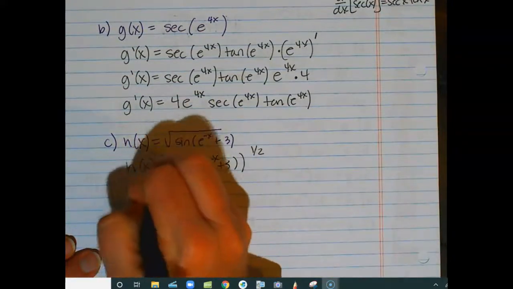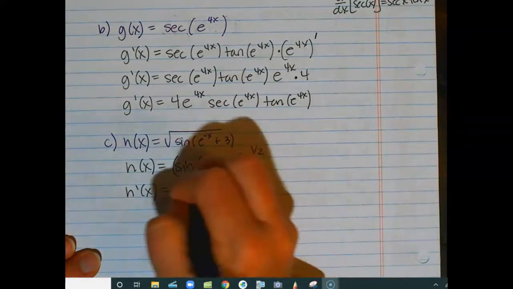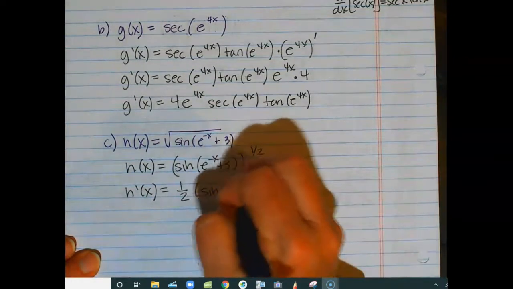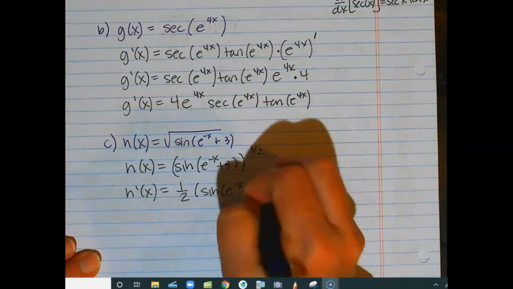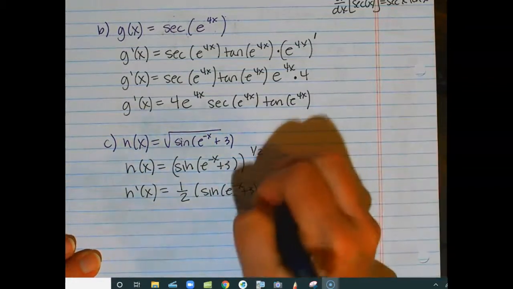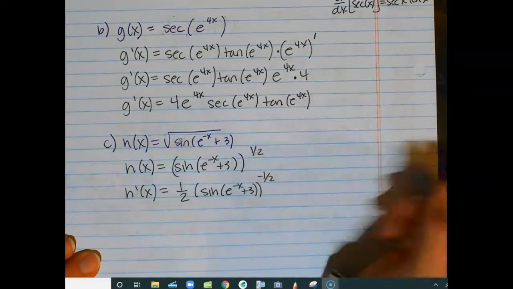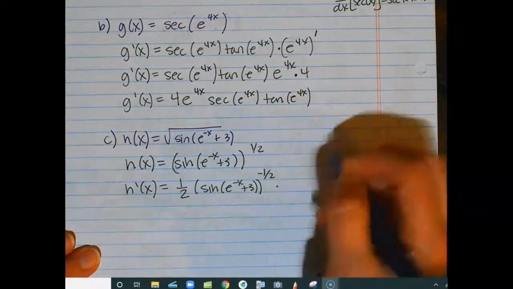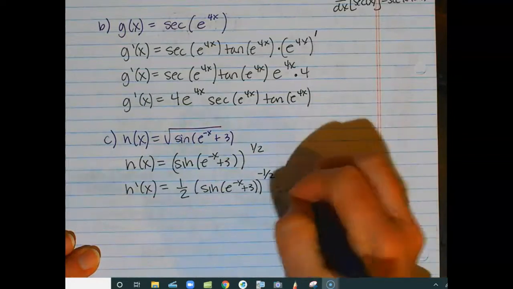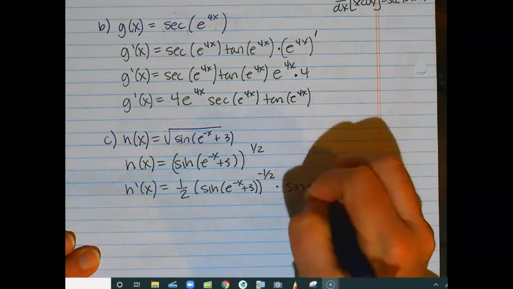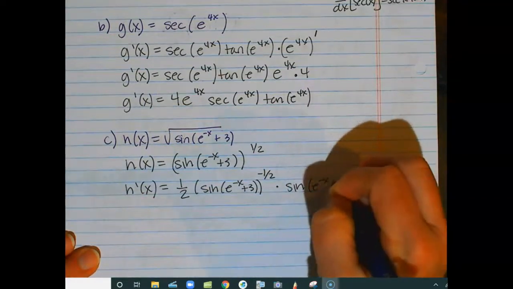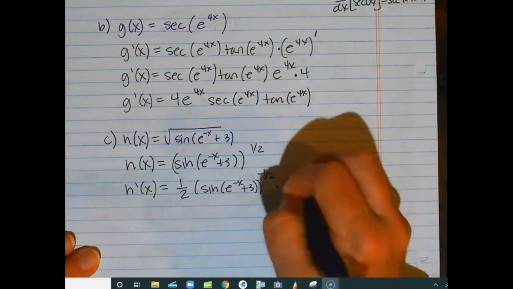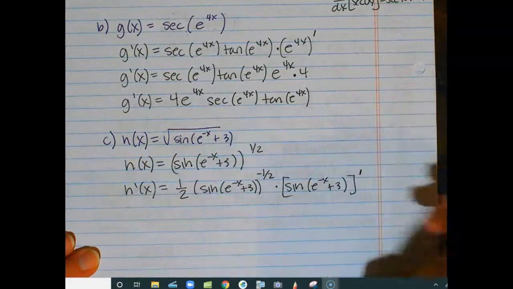So h prime of x equals 1/2 sine of e to the negative x plus 3. That stayed the same to the negative 1/2. So that's power rule on the entire thing times this whole piece, the baby, sine of e to the negative x plus 3, prime.